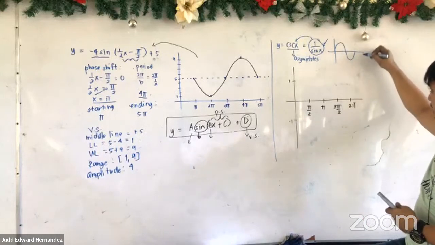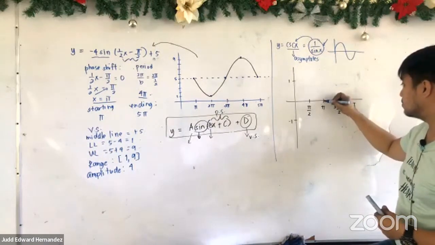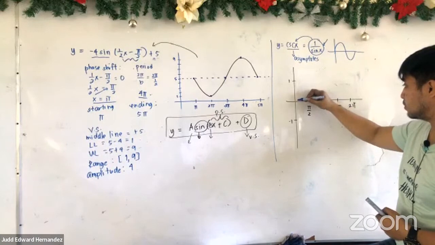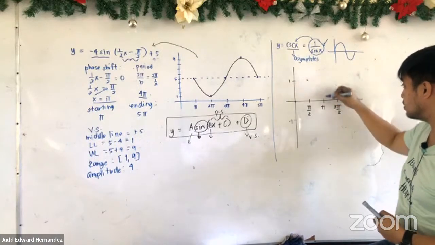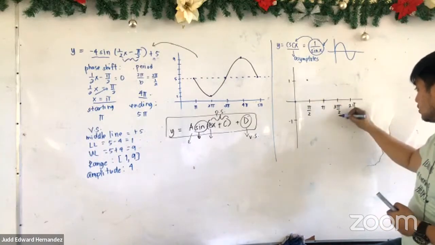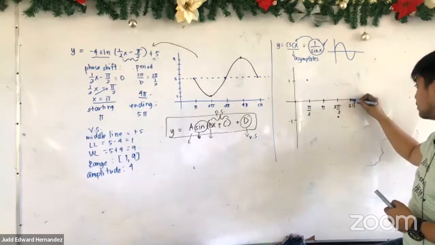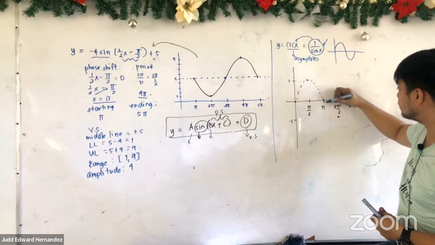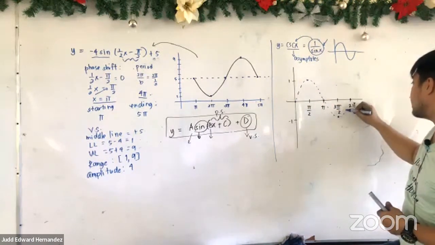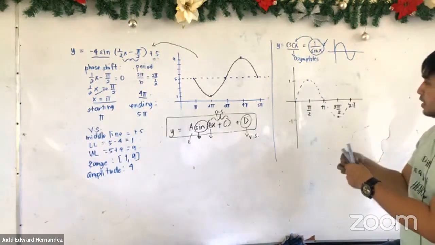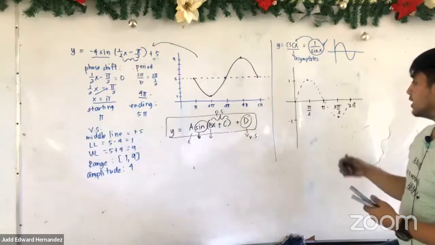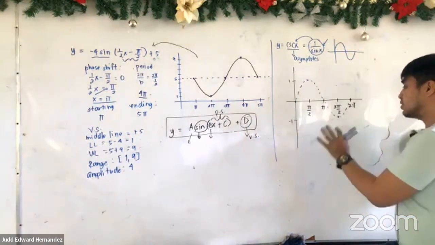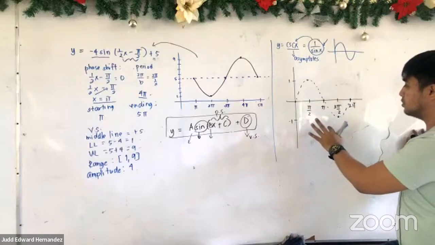So, dito siya magsisimula. Aangat siya dito. Babalik siya dito. Pupunta siya dito. Okay, so pag graph natin yan, ganyan na lang yung pag-graph ko. Para yan din yung graph na gagamitin ko para sa cosecant. Si cosecant, ang gagawin natin sa kanya is that lahat ng zeros, tinuro ko sa inyo kanina yung zeros ng function.